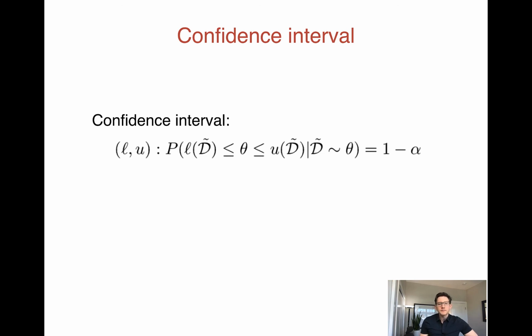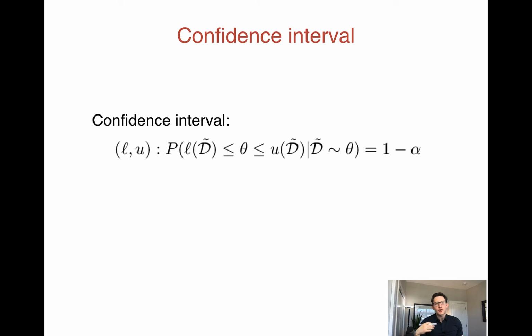A related frequentist concept is a confidence interval. So we choose a given interval, L and U, as a confidence interval. Let's say we're looking at the weight of a coin, that is somewhere between 0 and 1 probability of landing heads. We're going to put some interval over those probabilities.